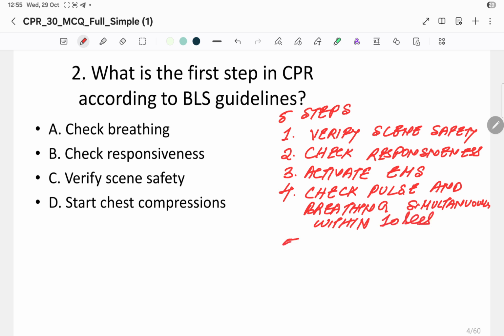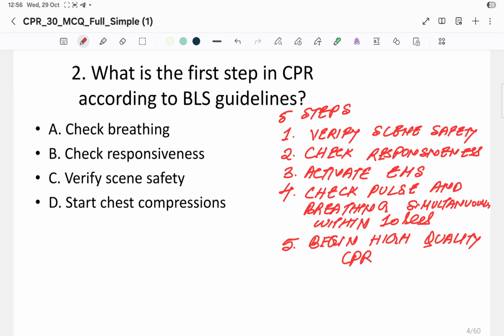And step number 5, begin or start high quality CPR. Clear? So here the question is asking the first step in CPR according to BLS guideline.